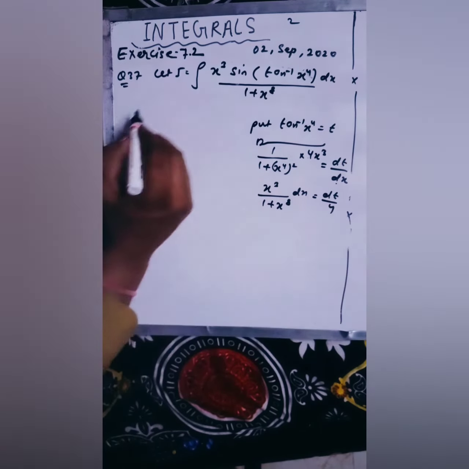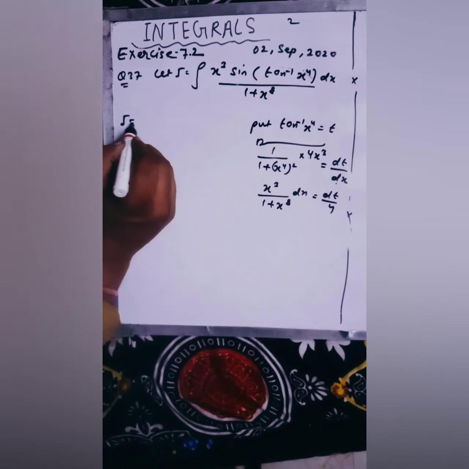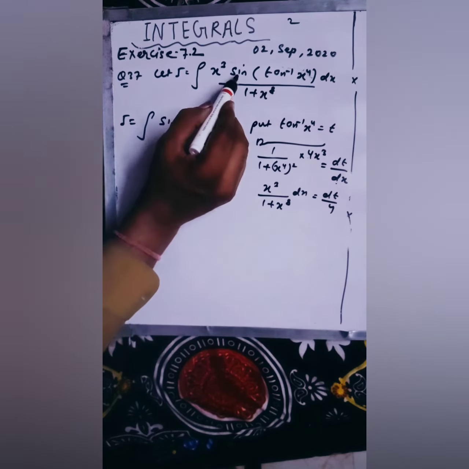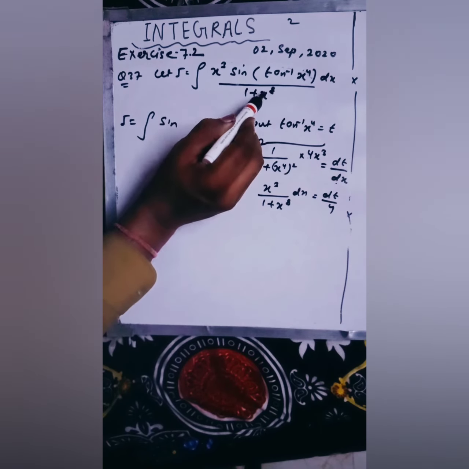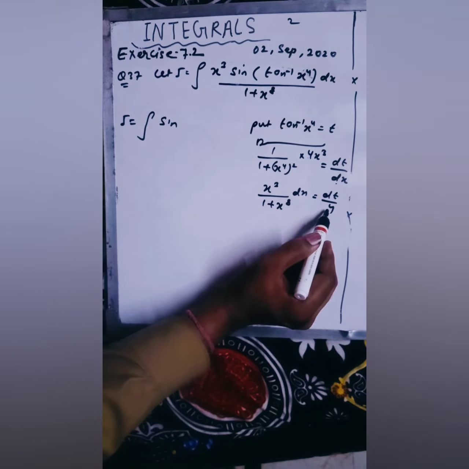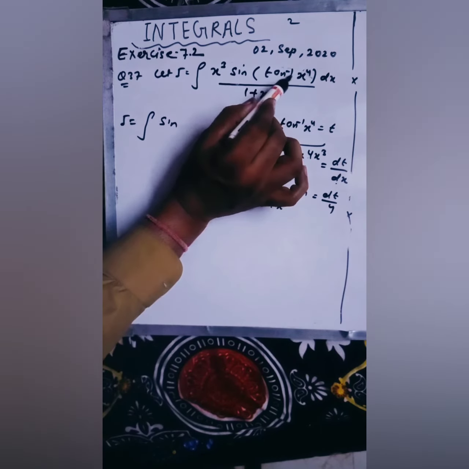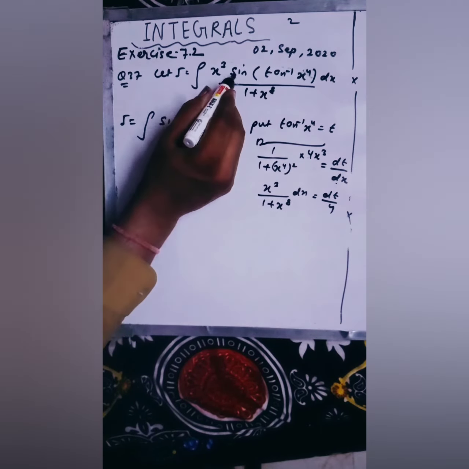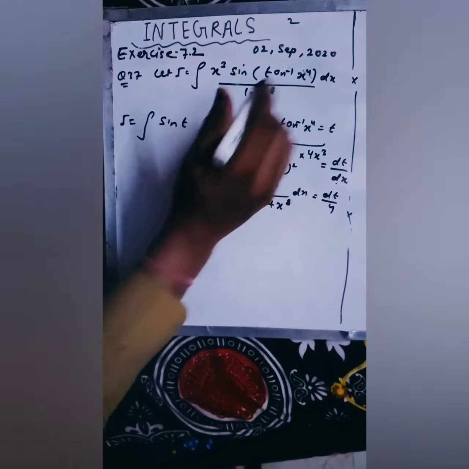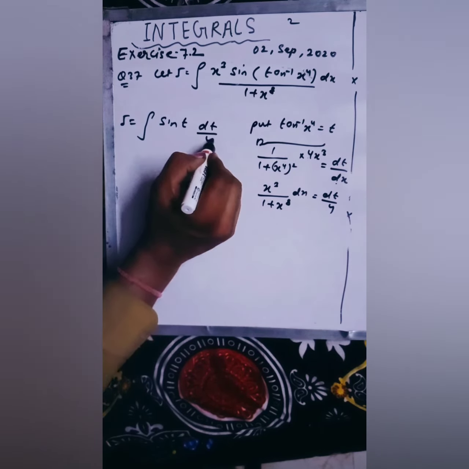Okay, now see, integration. I am writing this step first: this x cube over 1 plus x raised to power 8 into dx is your dt by 4. And your tan inverse x raised to power 4, this is your t. So I am writing sin t, and this is your dt by 4.